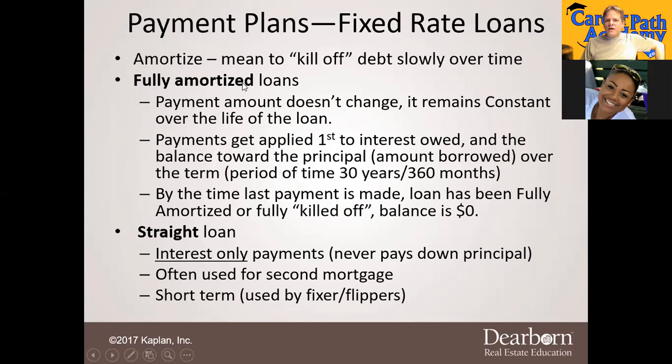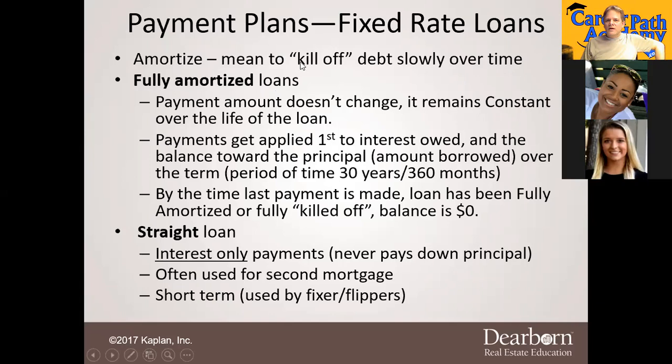So a fully amortized loan. What does the word amortize mean? Kill off. So let's do the translation in our heads right now. If amortize means to kill off, fully killed off is what fully amortized means.